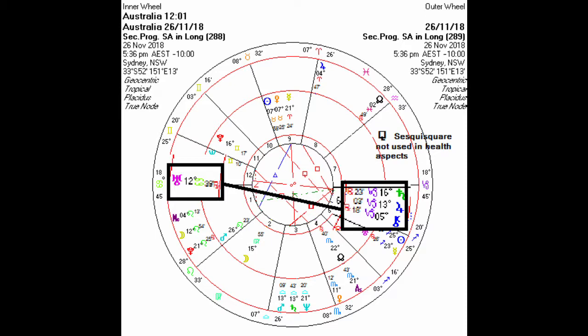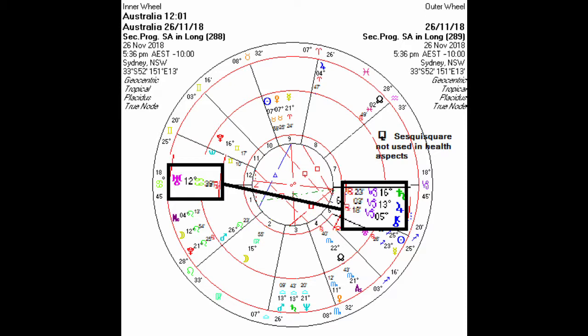And we're looking at the outer ring, which is the progress chart of the person. The inner ring is the Australian chart, and its progress planets for 2018.